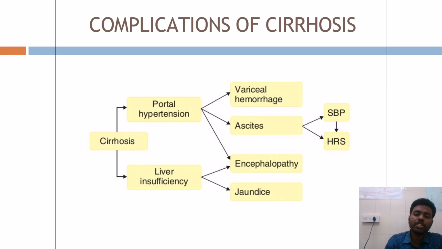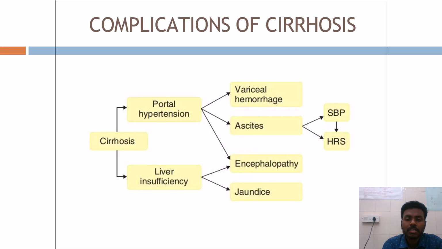So these are the complications of cirrhosis. Cirrhosis may lead to portal hypertension and liver insufficiency. Due to portal hypertension, variceal bleeding may occur, and also formation of ascites, encephalopathy, and jaundice.